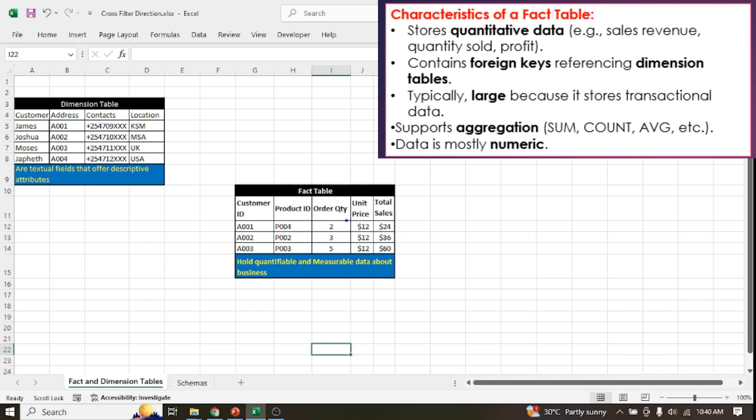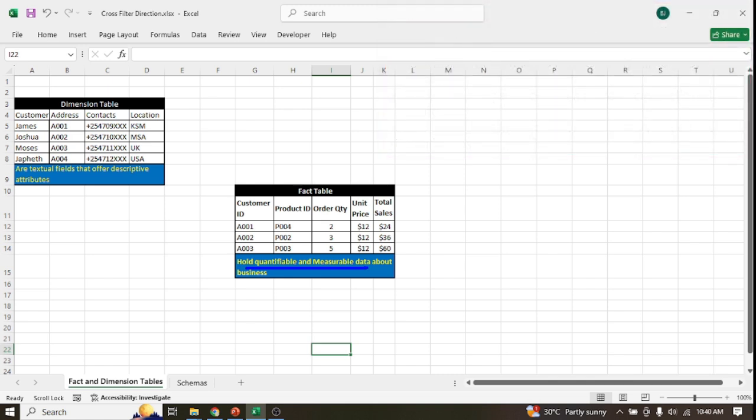The numeric values, we only have numbers, there are no text data. So that's all about a fact table, and we are saying that a fact table holds measurable and quantifiable data about a business.